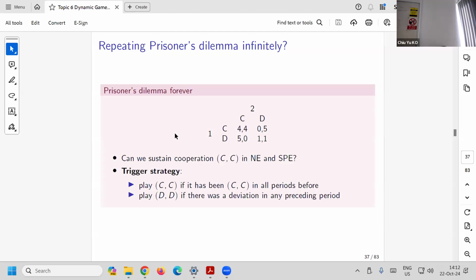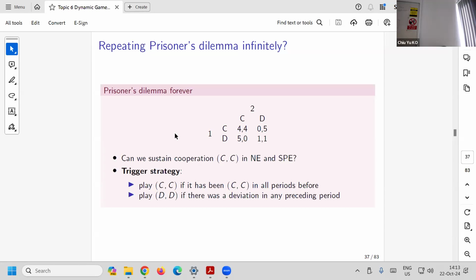So every time we have been in a good outcome, we remain there. If the history has been cooperation, we cooperate. If at some time that's not good, then we will defect.